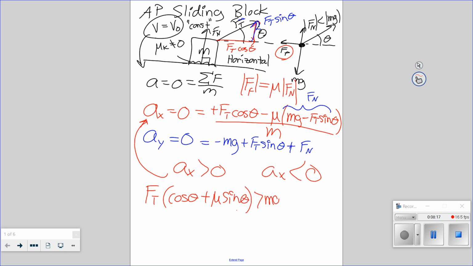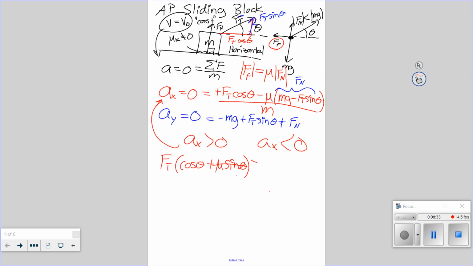Okay, and really, since this mu is usually a small percentage, a small fraction, that's going to be really small. So if ft cosine theta is much greater than mu mg, excuse me, we need to see more of that. We'll do that.